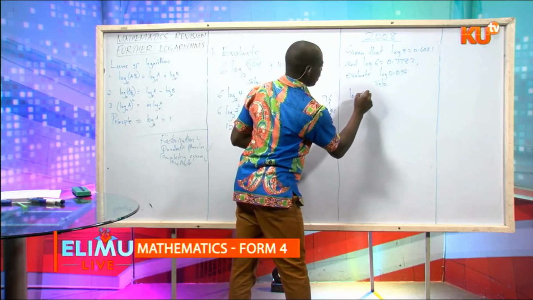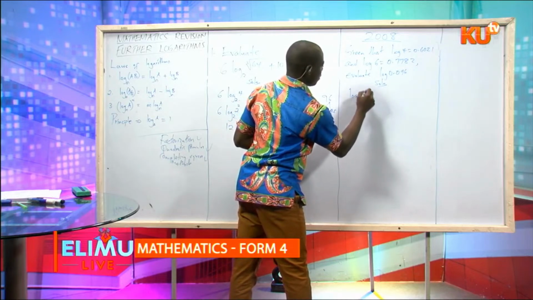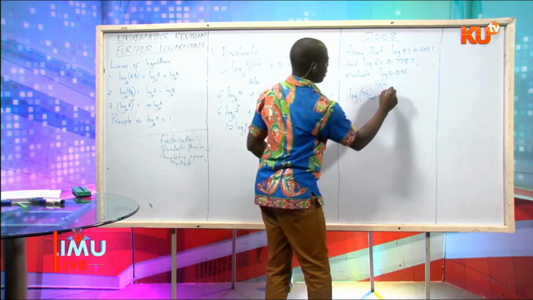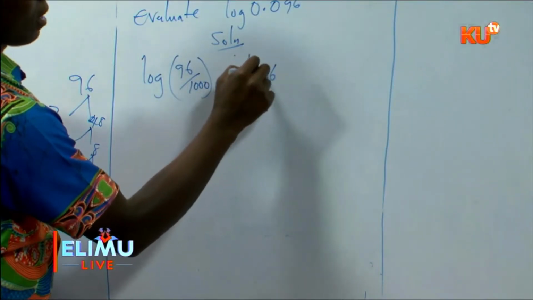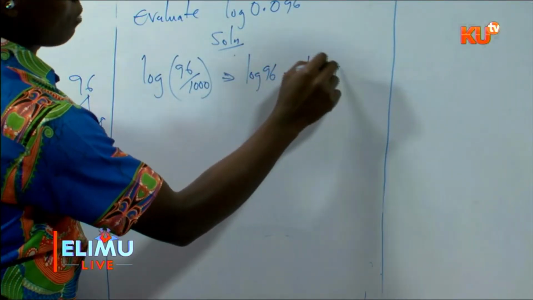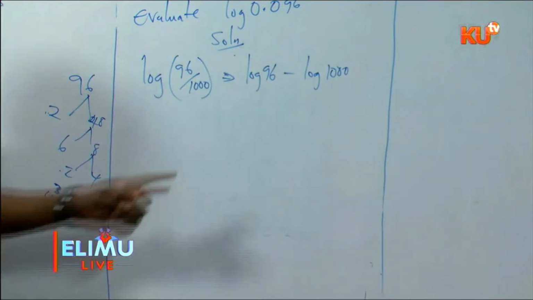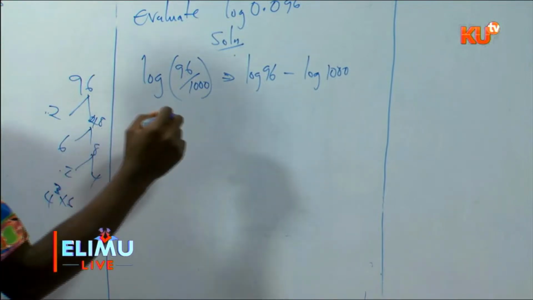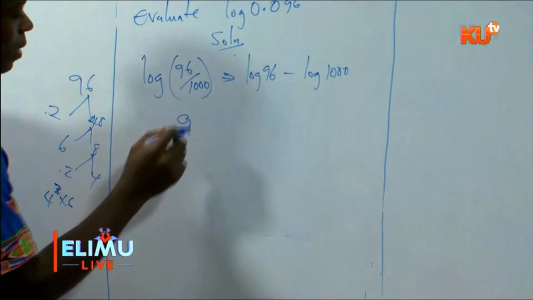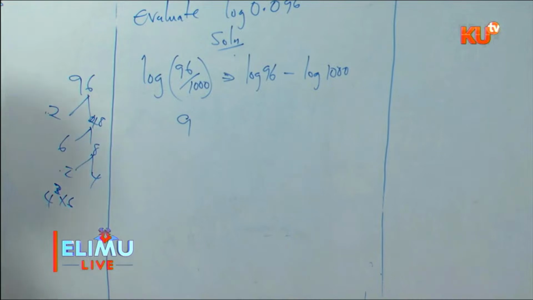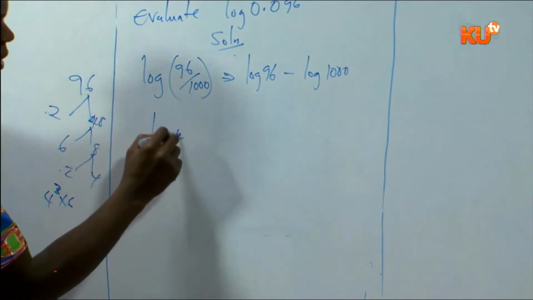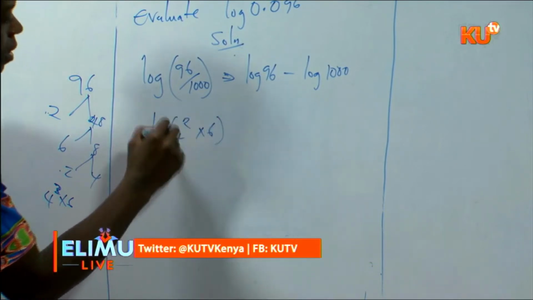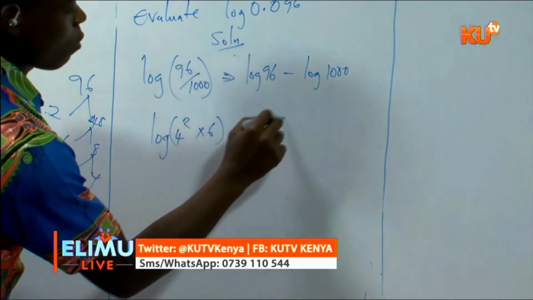This one simply means log 96 minus log 1000. But 96 is 4 squared by 6. So it will be log of 4 squared times 6, then minus log 1000.